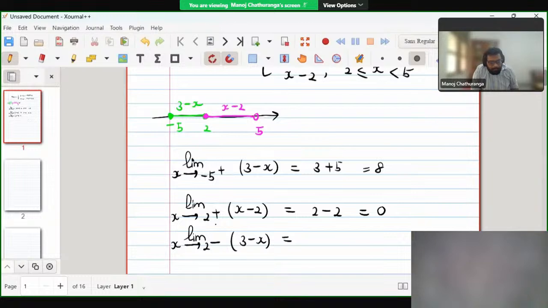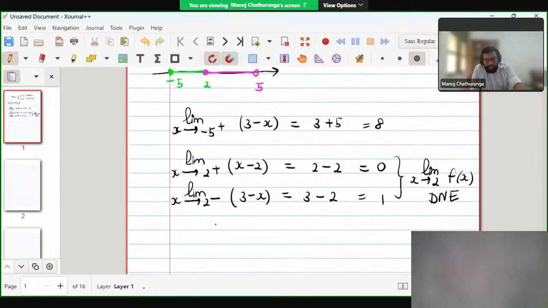And 3 minus x, when you substitute 2 into this formula, we get 3 minus 2, which is 1. Left limit and right limit are different. So because of that, we cannot say the two-sided limit has a meaning. So the two-sided limit does not exist.